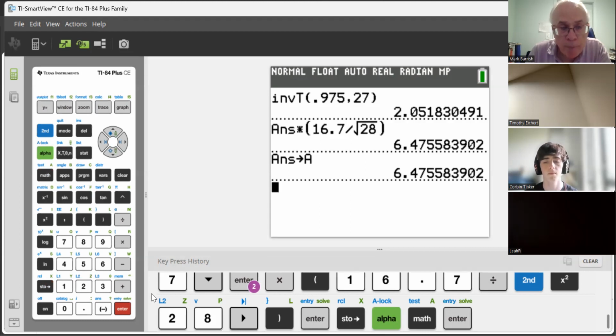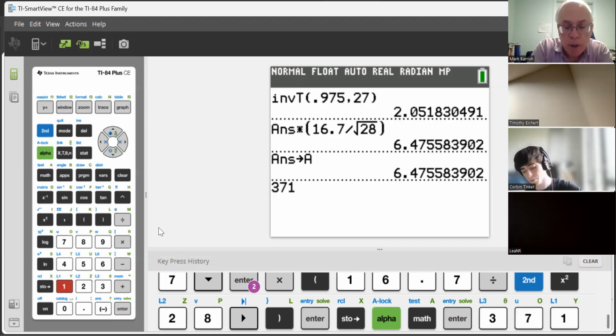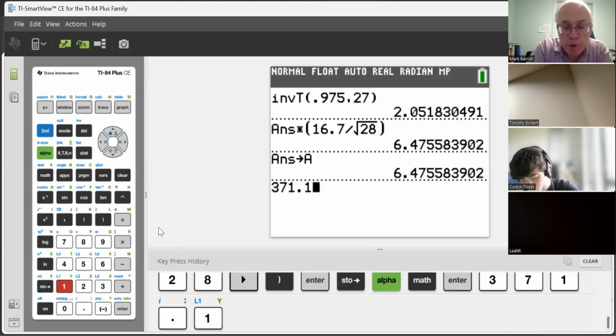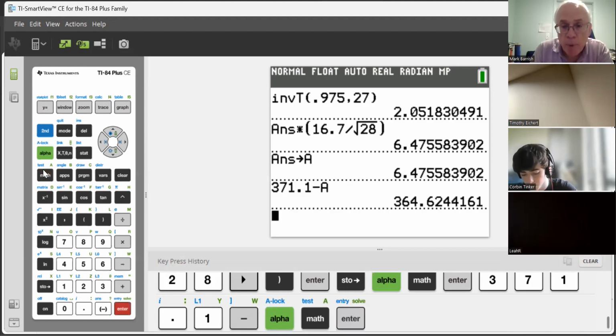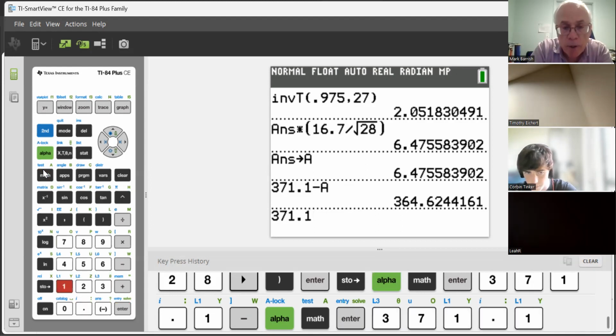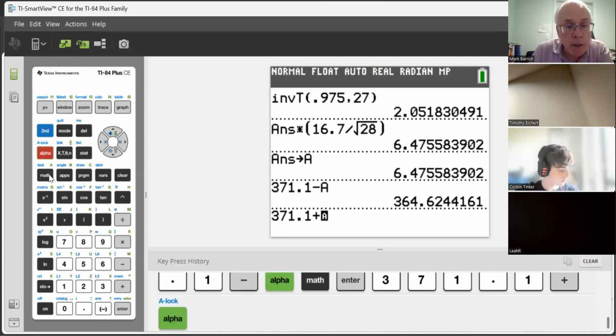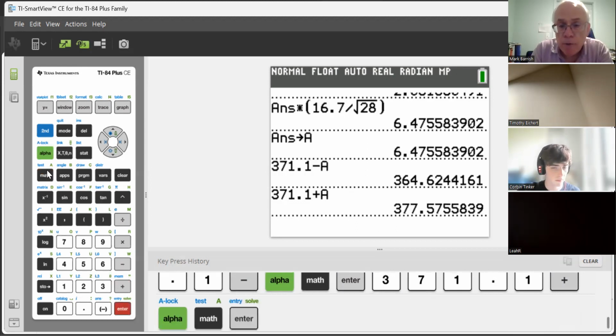So to find the lower endpoint of the confidence interval, I know my sample mean is 371.1. And I'm going to subtract alpha A. There's my lower endpoint. And then the upper endpoint is 371.1 plus A. There's my upper endpoint.